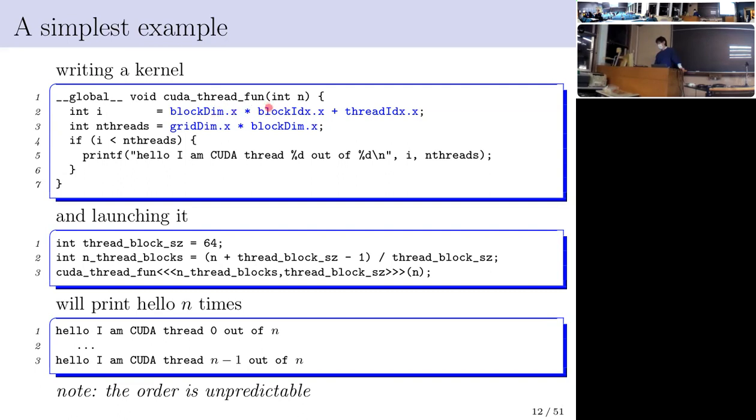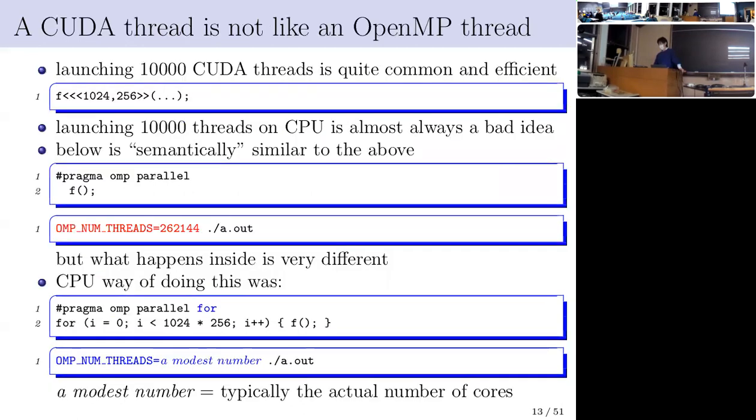So this number gives you the number of threads in all the thread blocks before myself, right? And you add my thread ID within my block. So this is how you get the global unique number within the entire number of threads.